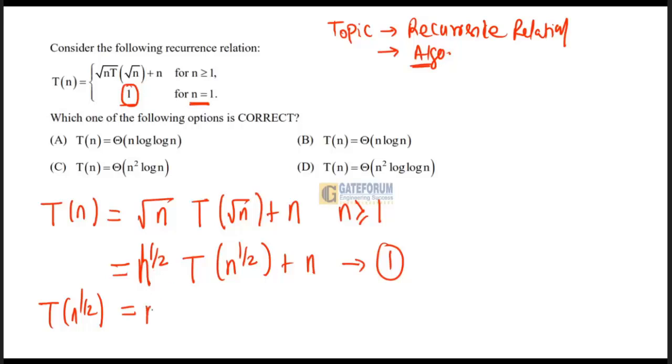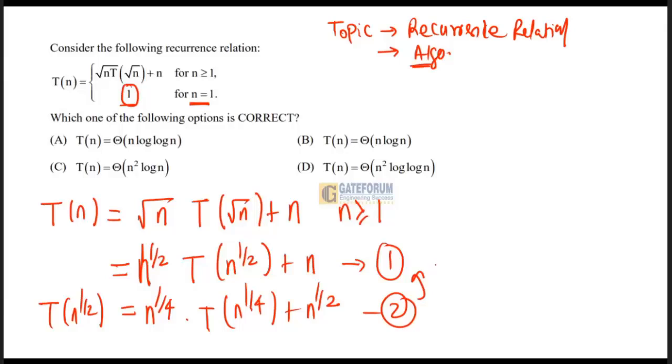So my equation now will look like n^(1/4) into T of n^(1/4) plus n^(1/2). How did this equation come? Equation 2 came from 1; I have just substituted n^(1/2) for n wherever n appears as a function argument. And why am I doing it? For generalization purposes. Now this is my equation number 2.